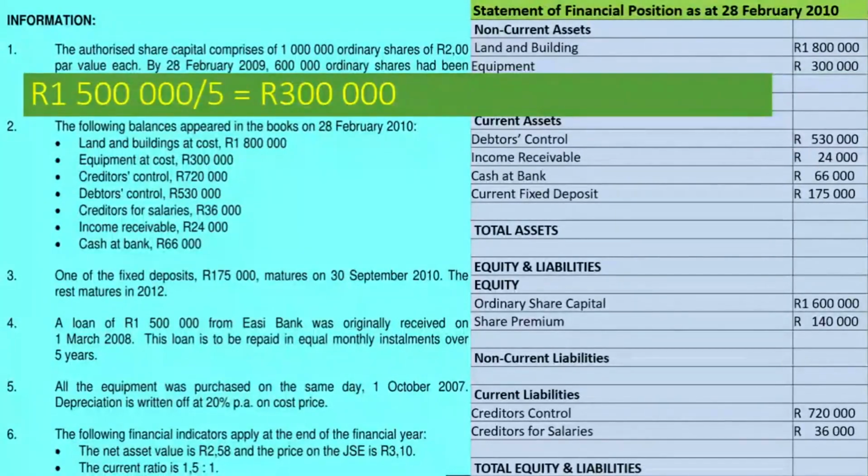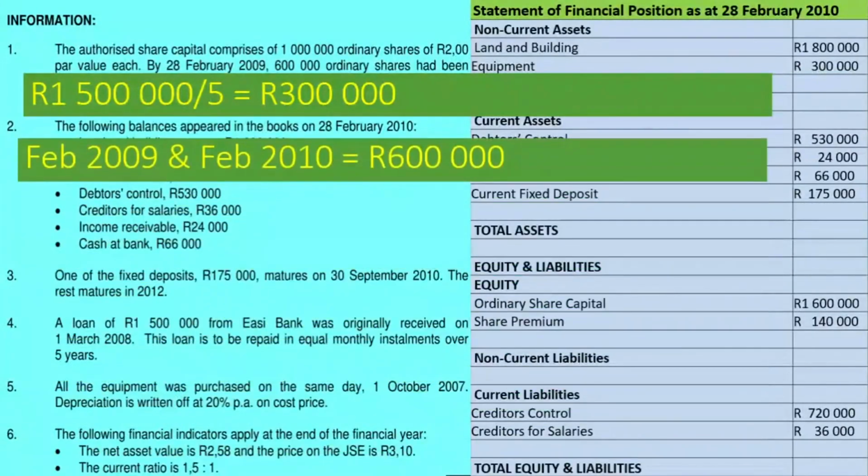Now I want to find out how much has already been repaid. If it was received on 1 March 2008, that means from 1 March 2008 to 28 February 2009, 300,000 rand has already been repaid. And from 1 March 2009 to 28 February 2010, it means another 300,000 rand has already been repaid.